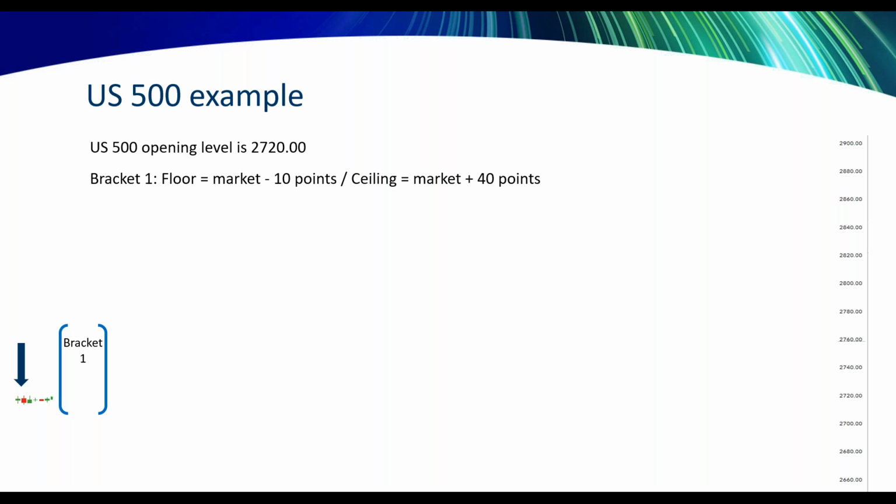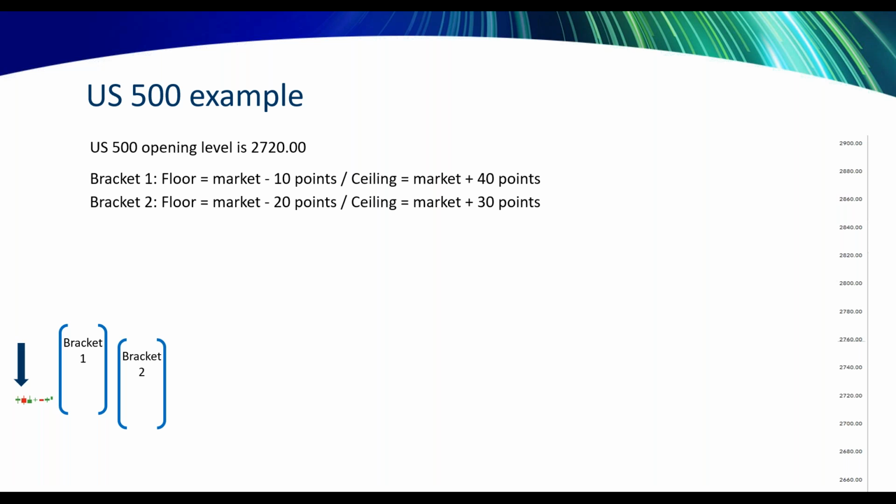Most of our knockouts are worth $500. Some of them are a little different. For instance, the NASDAQ is worth $600, but you can look at that in the product specs. The way we do it is we take the market where it opens, and we'll do a floor that's only down 10 points and a ceiling that's up 40 points to give us a 50-point range.